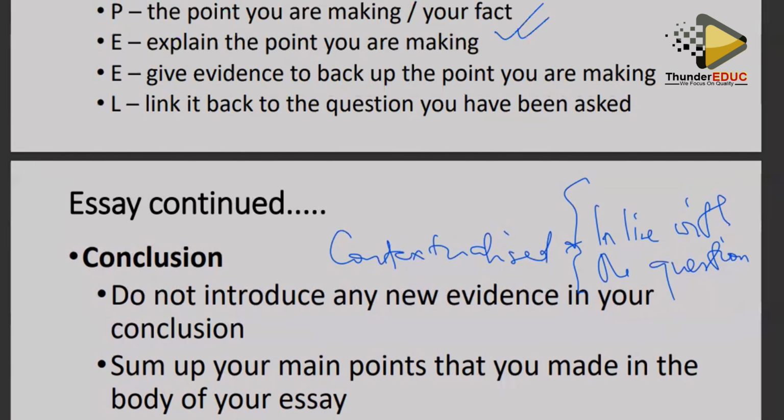You use this as your referral point whenever you are answering questions, either source-based questions or essay questions. You must always refer back to your skills. These basic skills will make you able to attempt questions in the right way, and will also assist you in answering the questions in the proper historical prescribed way.